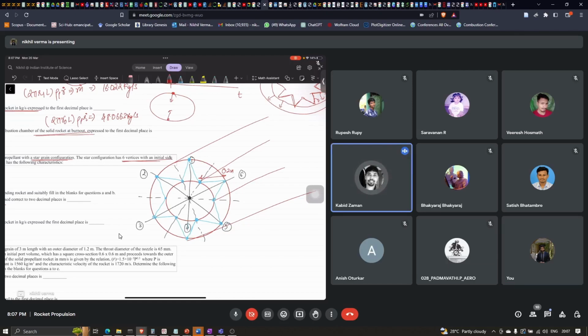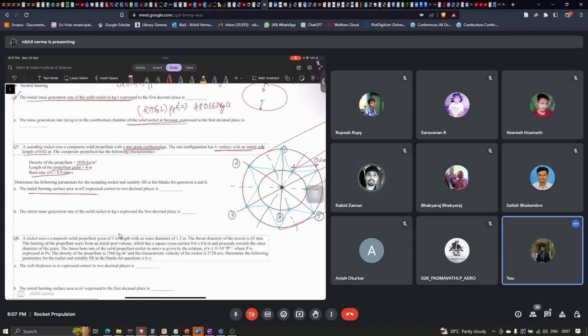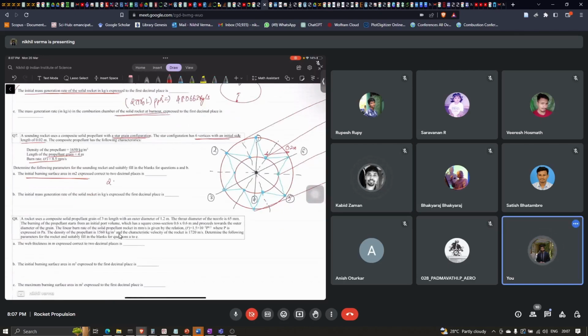Perimeter into length of the rocket. Right, so the perimeter is 2 into sides into L. So this is 2 into 0.2 into 4.